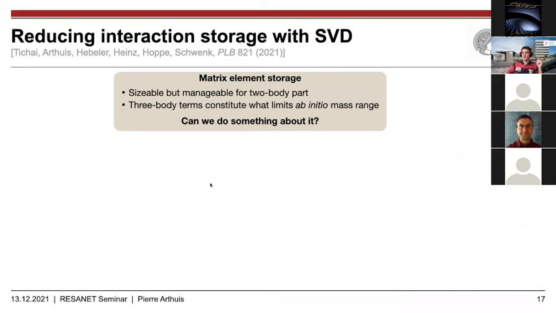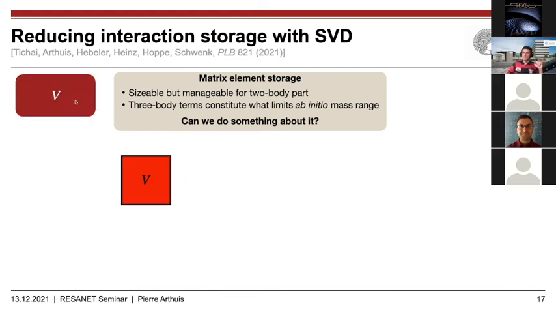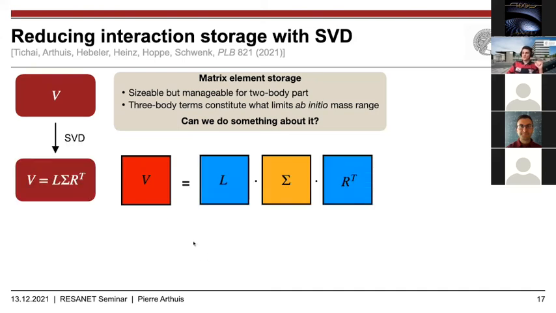And we wanted to first do some kind of proof of principle calculation at the two-body level in the first place. So the idea is that you have your interaction V. It's a nice n by n matrix. And using a singular value decomposition, you rewrite this as a product of 3 matrices, left and right matrices, and in the middle you have this sigma matrix, which is a diagonal matrix.